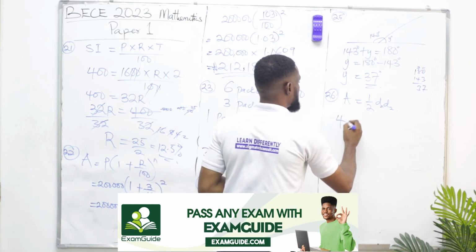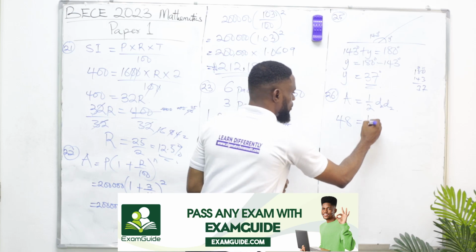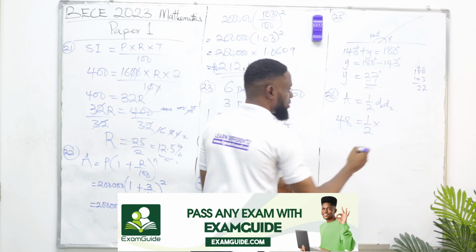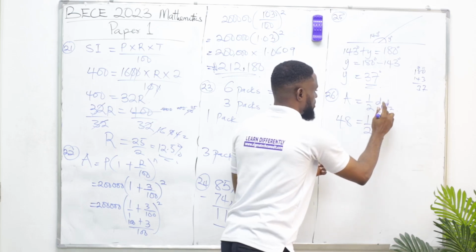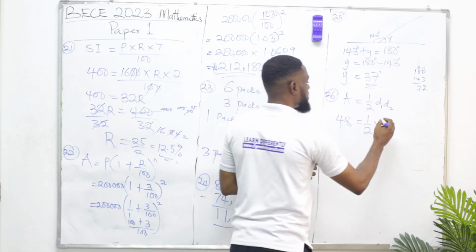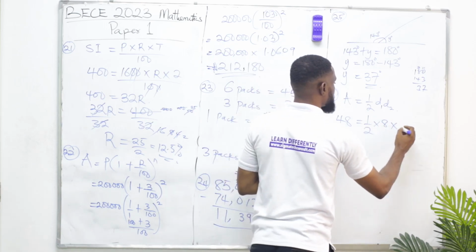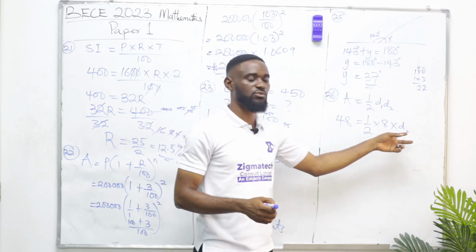So 48 is equal to 1/2 times the first diagonal. Sorry, that is a mistake. The first diagonal is 8 cm. So times 8 times the second diagonal, which is not given. That is what they're asking us to find, right?